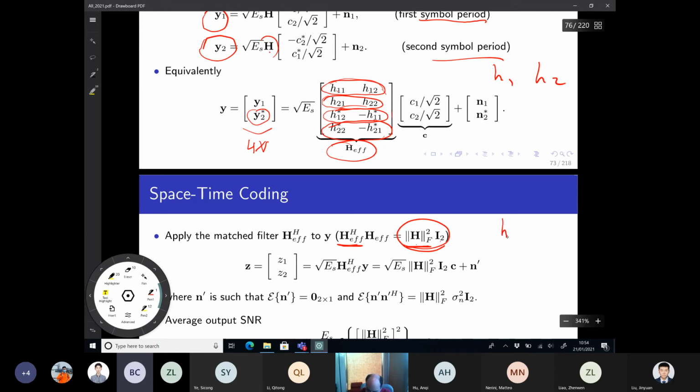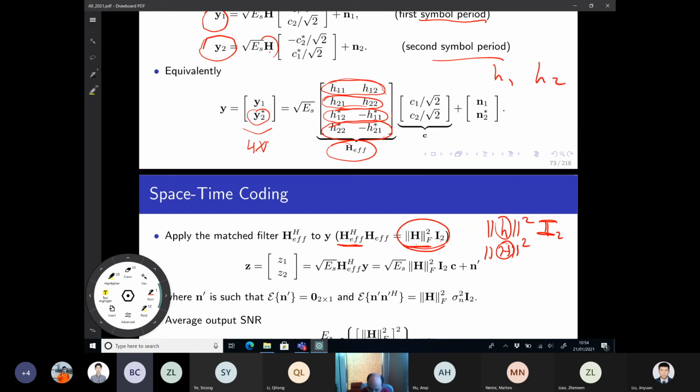Before, for the MISO case with Alamouti and a single receive antenna, we had this, right? Now we're going to have not the vector H, but the matrix H. So instead of having 2 coefficients here, now we have 4 coefficients.